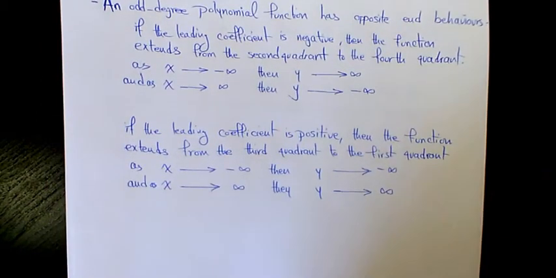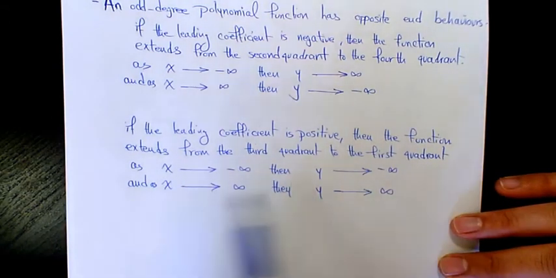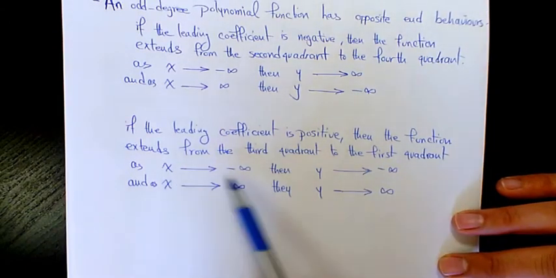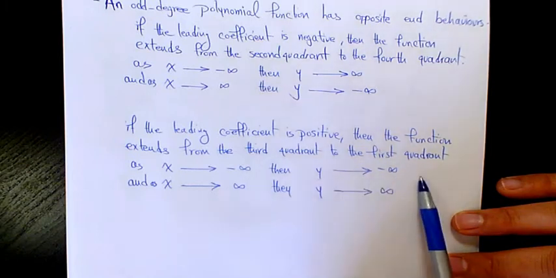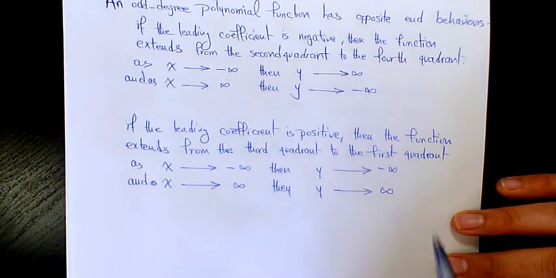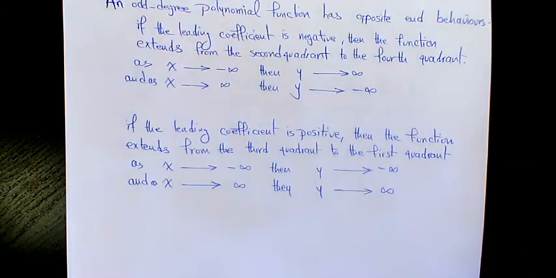Now let's take a look at the positive leading coefficient and odd degree polynomial. The function extends from the third quadrant to the first quadrant. As x goes to negative infinity, y goes to negative infinity, and when x goes to positive infinity, y goes to positive infinity. For example, in this case, it's going to be here.